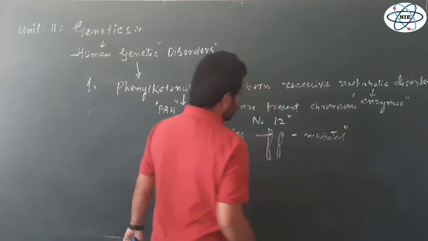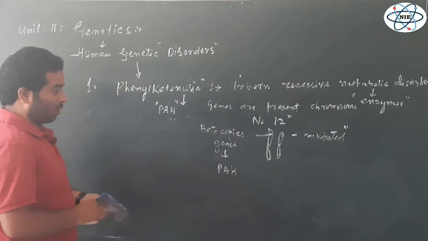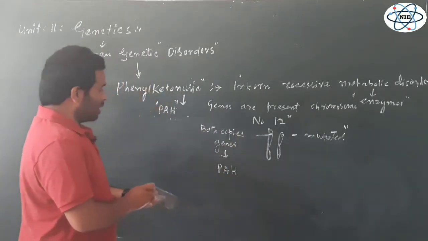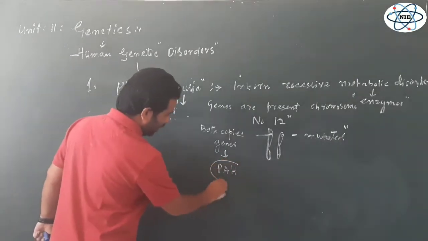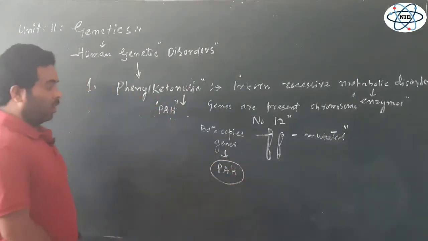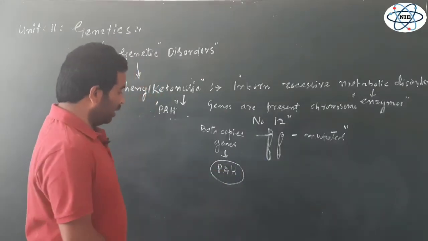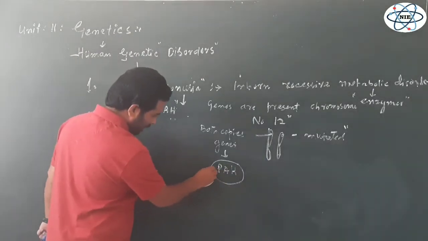So both copies of the gene coding for phenylalanine hydroxylase are mutated and defective, and as a result this enzyme, which is responsible for the conversion of phenylalanine into tyrosine, is not present, it is absent.